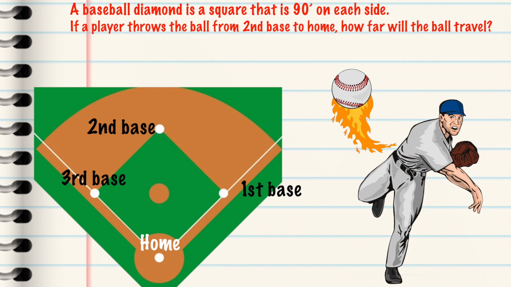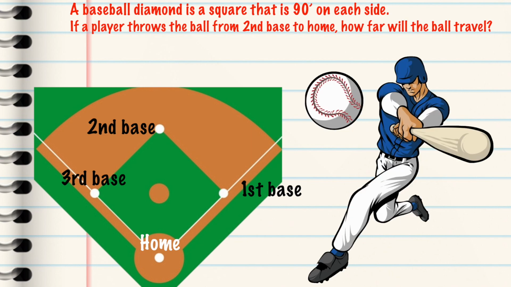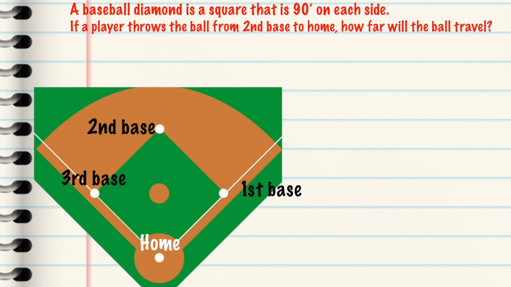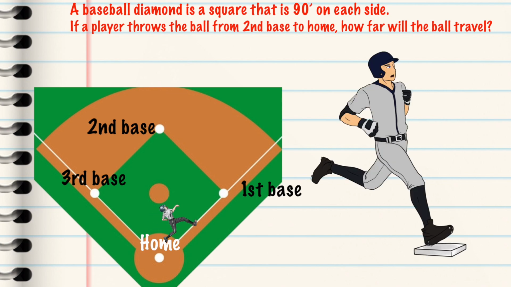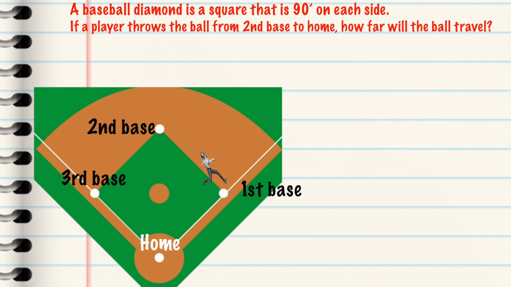A pitcher throws a baseball to a player who stands on the home plate. The player at the home plate, the batter, has to hit the baseball. Once he hits the ball, he has to run from first base to second base to third base and finally back to the home plate.